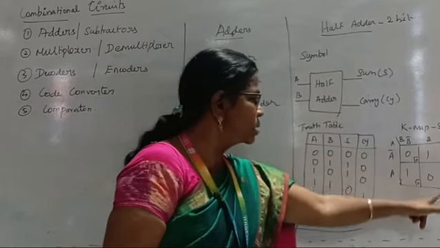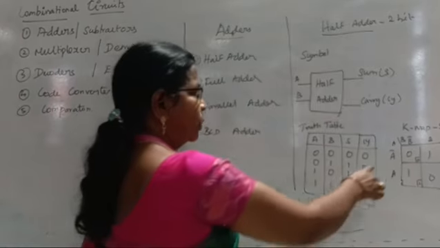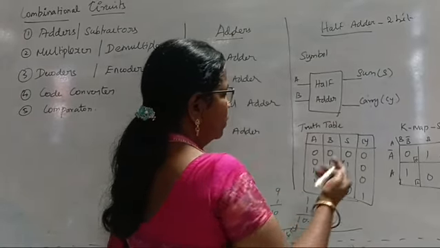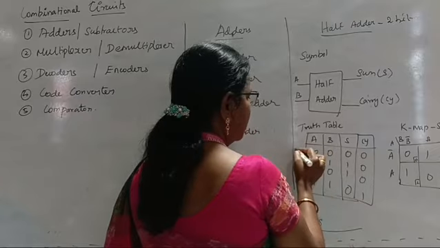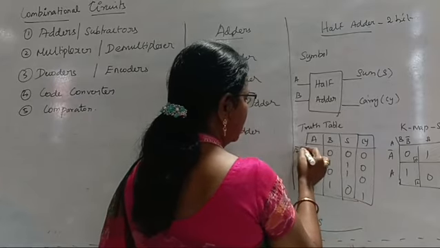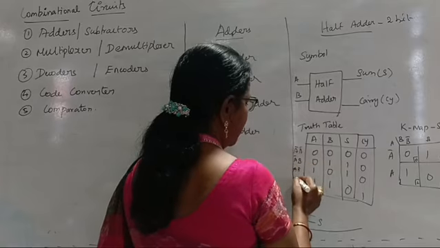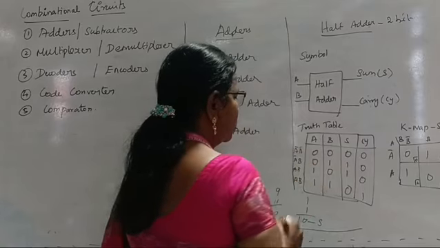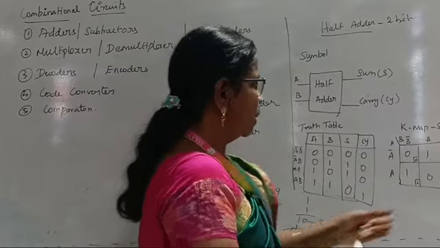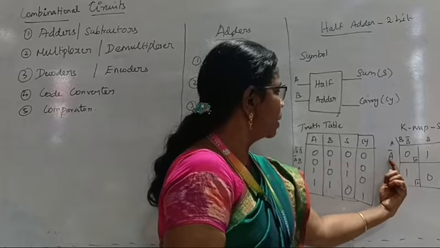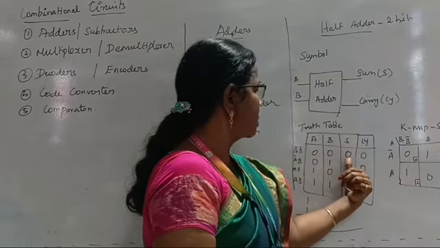So you know how to fill this K-map, but again I will tell how to fill it. For example, the minterms for these combinations are A bar B bar, A bar B, A B bar and A B. We have to know how to fill these minterms in the K-map. In this case, for A bar B bar, the value of sum is 0.